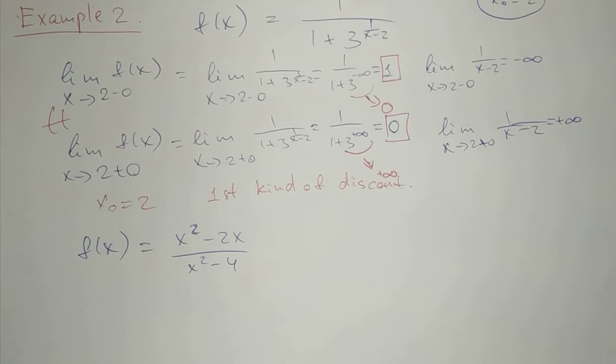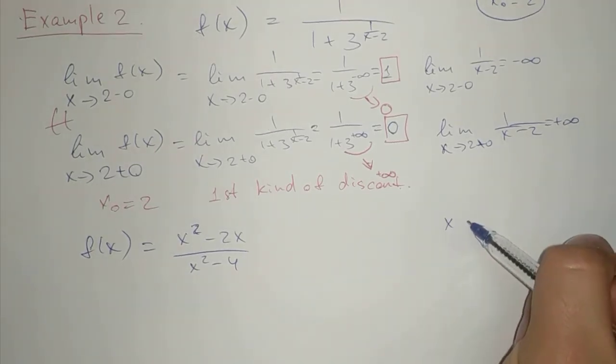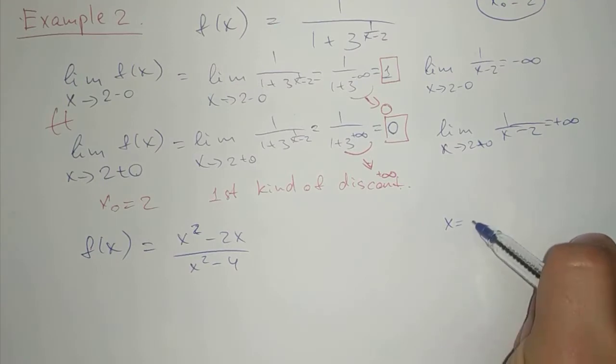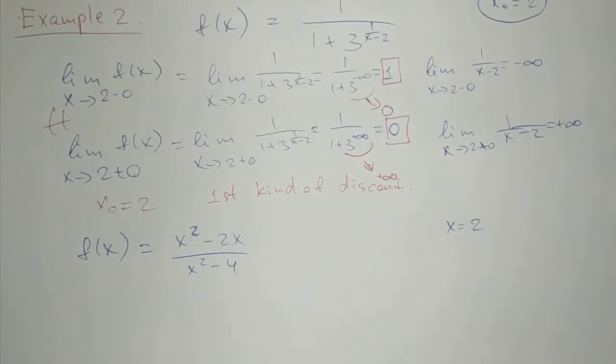So here, if we consider the denominator, we get x is 2. Except the point x is 2, the function is defined in all values of x.